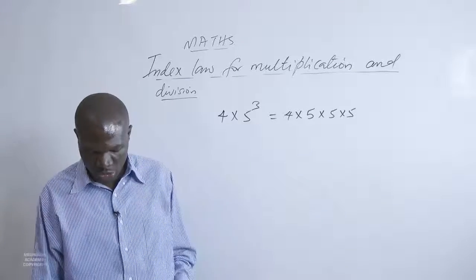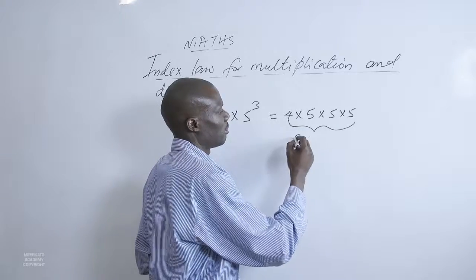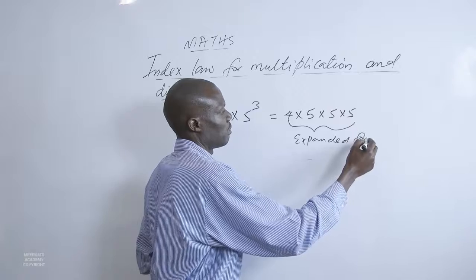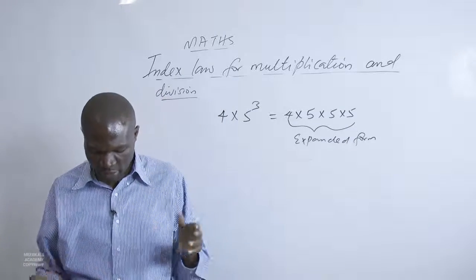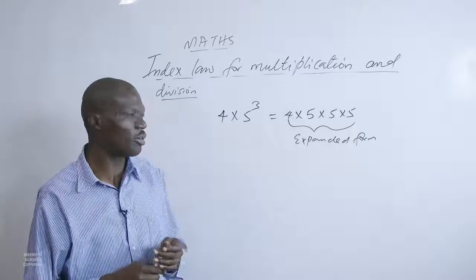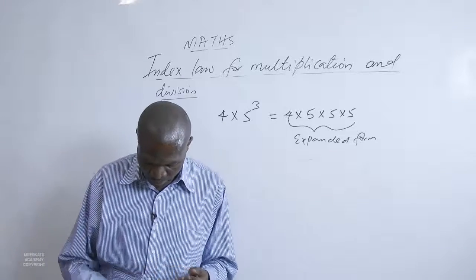This one is called the expanded form. It is the expanded form of this notation of 4 multiplied by 5 raised to the power of 3.